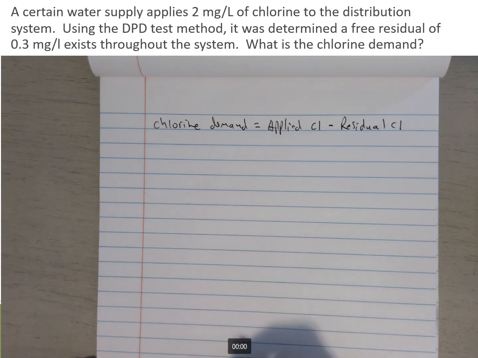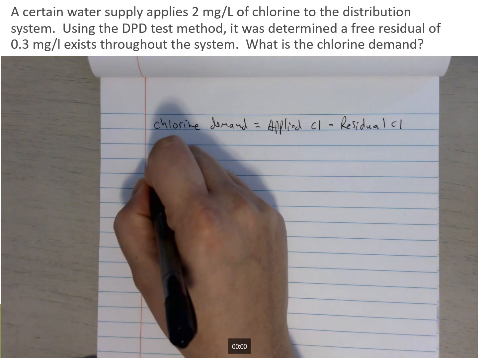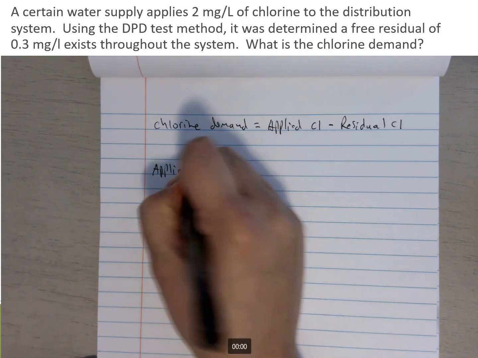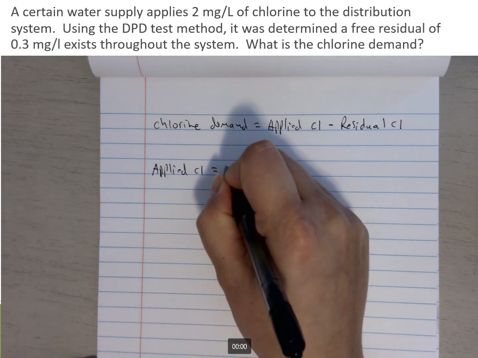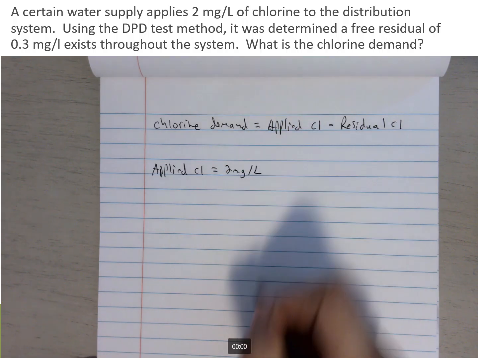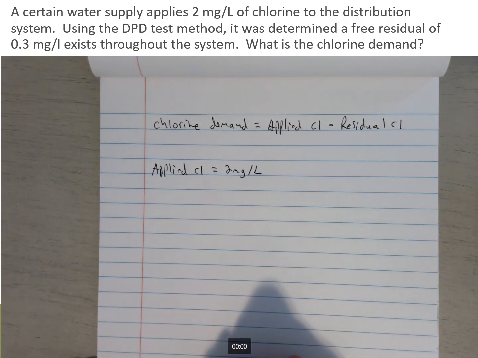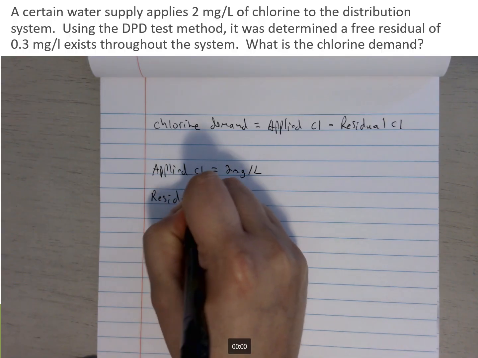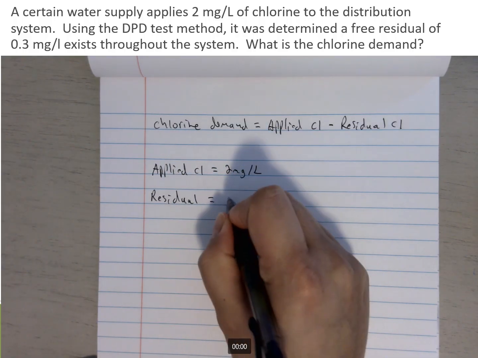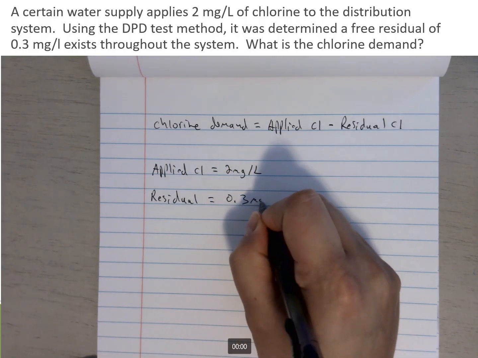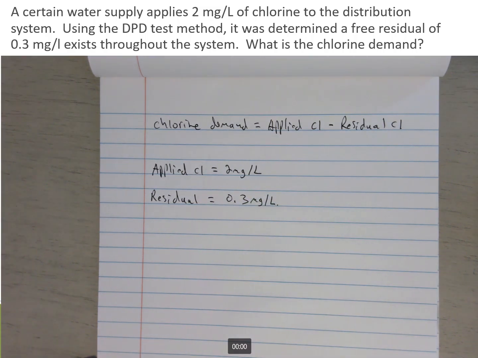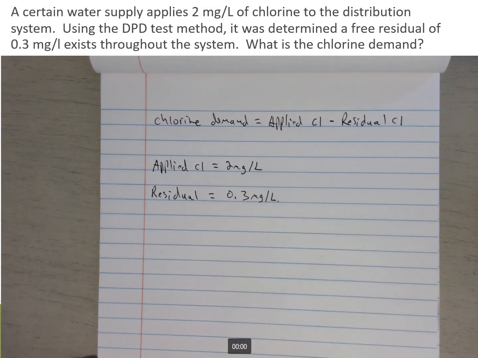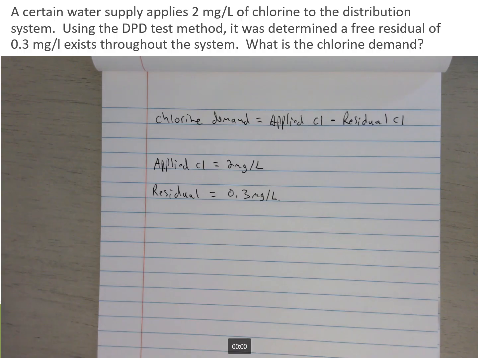So, from the statement, we have our applied chlorine equal to 2 milligrams per liter, and we are observing a residual of 0.3 milligrams per liter. So our chlorine demand is the chlorine that is being consumed after we have applied an initial dosage.